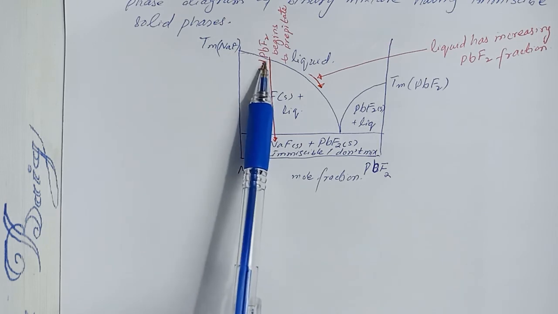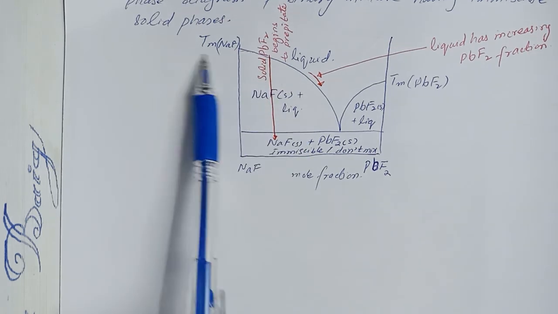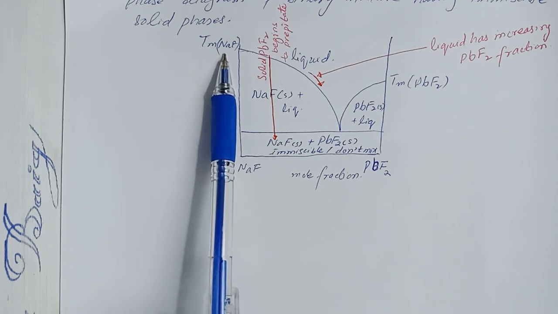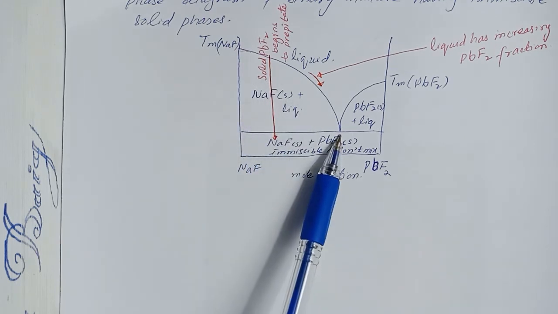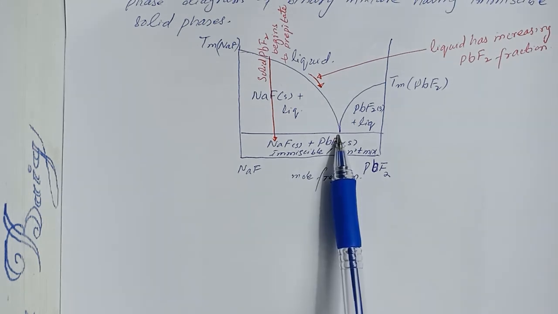So the increasing lead fluoride concentration is depressing the freezing point of sodium fluoride to a minimum point that is coexisting with the freezing point of the other. So both solids have the same freezing point at eutectic.